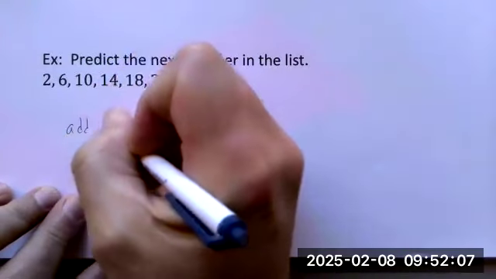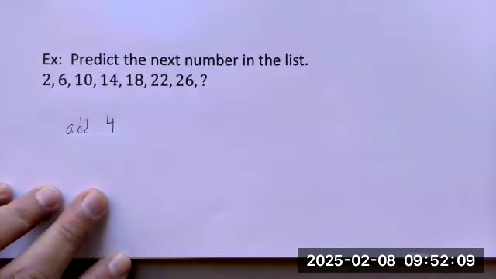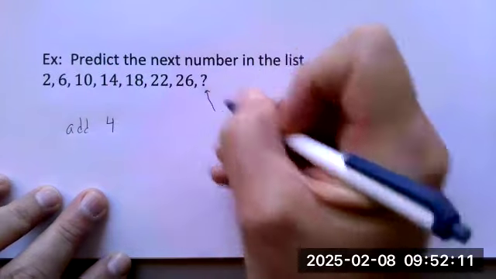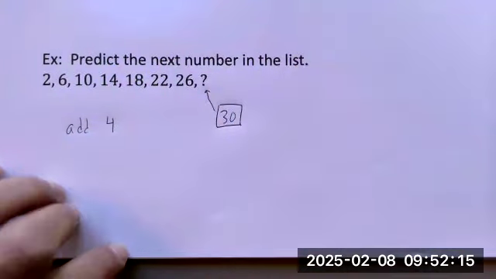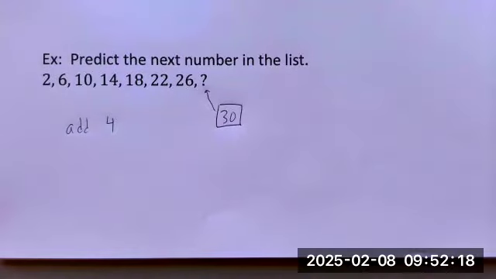I'm fairly sure that we are adding 4 each time, and that's probably the pattern. And we believe the next number would be 26 plus 4, right? Which is 30. Are we 100% sure? I mean, no, because we don't know for sure what the rule is, but we're close to that, right?